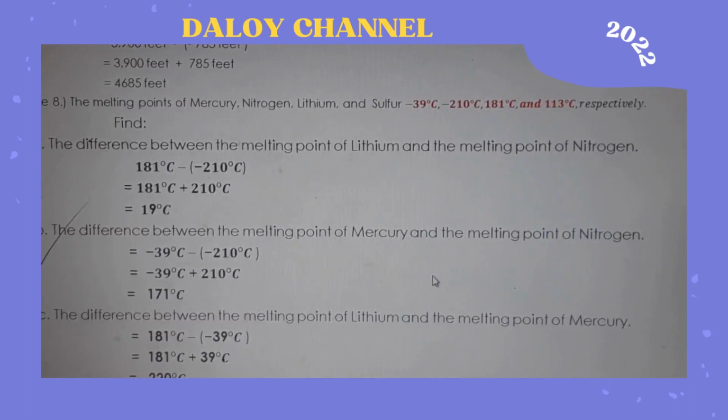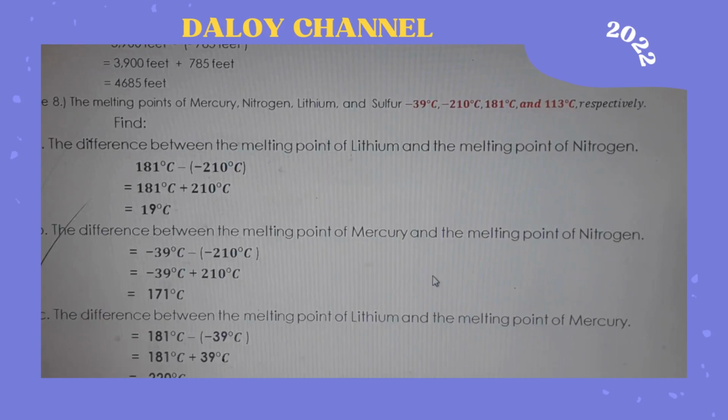Okay, for example number 7. Find the difference in the altitude between a mountain 3,900 feet high and a valley 785 feet below sea level. So how are we going to put this into a statement?